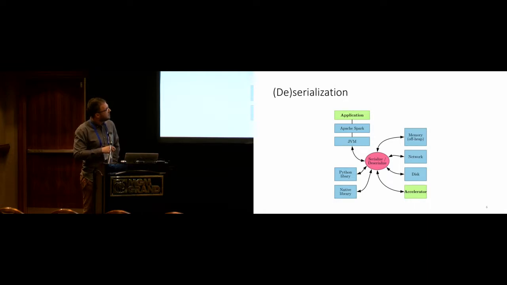There's a JVM there. You might want to send some stuff over the network or to disk or to some Python library you're using to do some analytics. Maybe there's even a native library. And maybe there's even an accelerator there that wants to use that data. And, well, we've just seen that this is not going to give you the performance that you want.